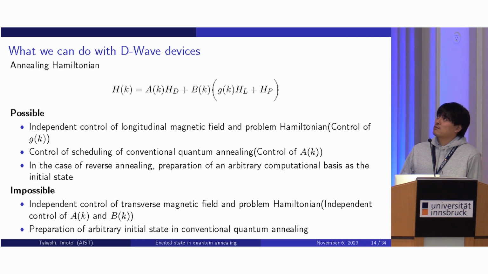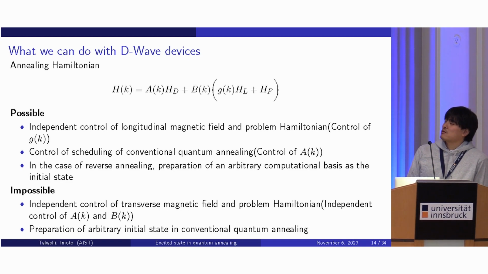On the other hand, we cannot implement independent control of the transverse magnetic field and the problem Hamiltonian. In this Hamiltonian, we cannot implement independent control of A_k and B_k.